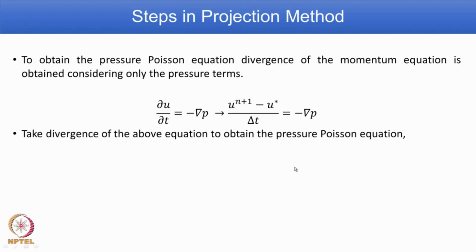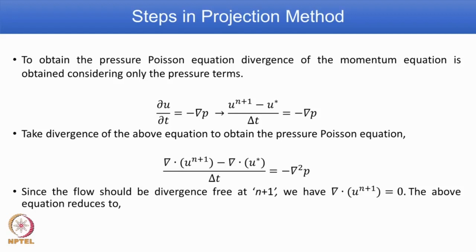Take the divergence of the above equation to obtain what is known as the pressure Poisson equation. So, we do that step here as shown. So, we get minus del squared p on one side, and the source term for the pressure Poisson equation is on the left side. Now, we can repeat all the steps for the second momentum equation, that is the v momentum equation.